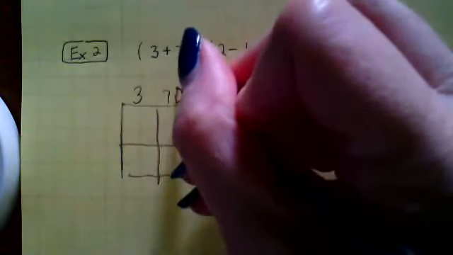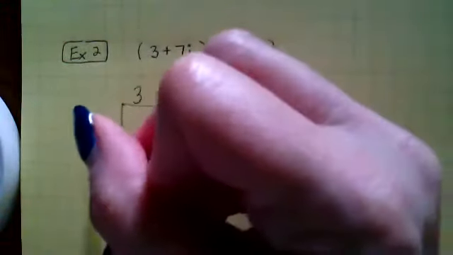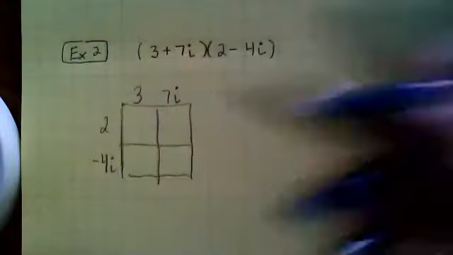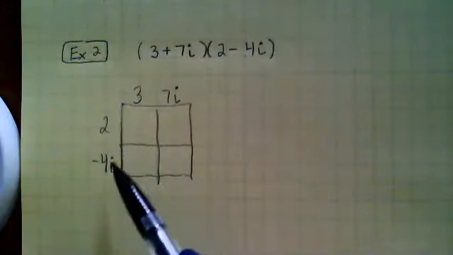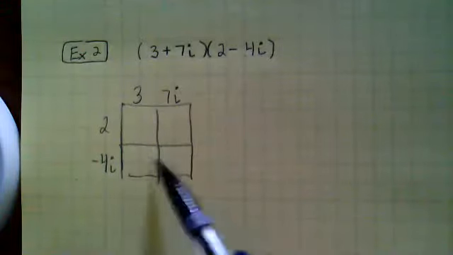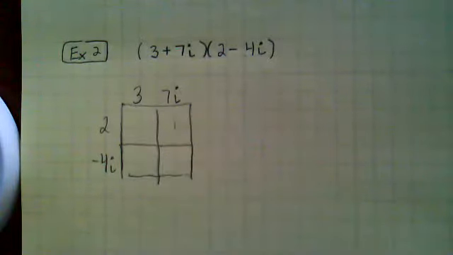Same as before, we put one of these and the sign that goes with it on the top, and the other complex number and its sign on the side. Then we multiply the outside pieces to get our insides, and then we combine like terms on the inside.